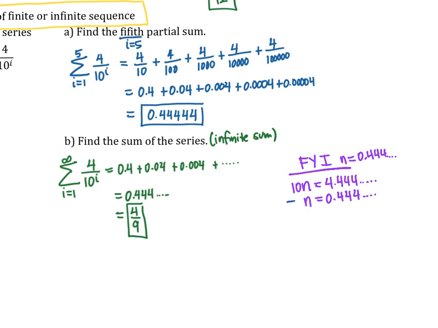Okay, then what am I going to do? I'm going to subtract these. Now if I subtract this, 10n minus n is 9n. 4.44444 forever minus 0.444 forever gives me 4, which gives me n equals 4/9, which means that 4/9 in fact does equal this. Okay, and that's just for fun information.